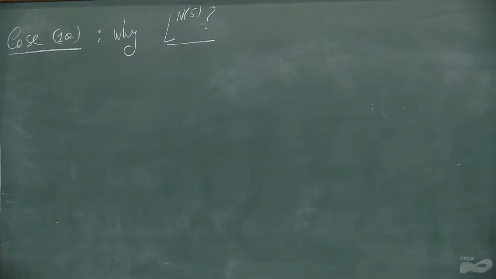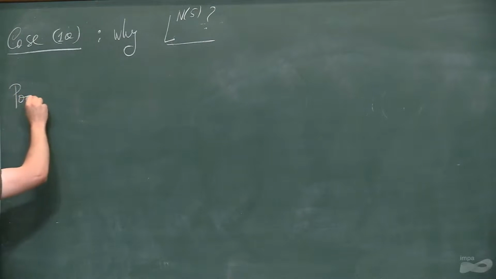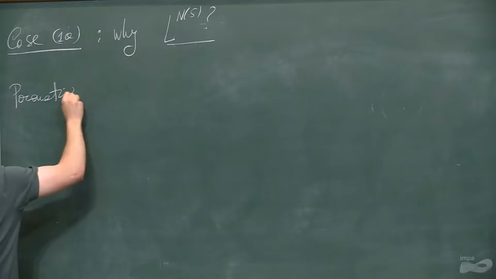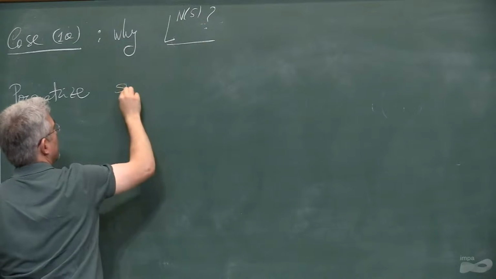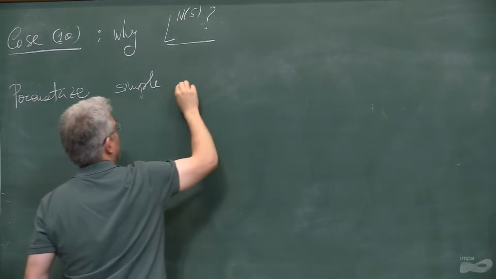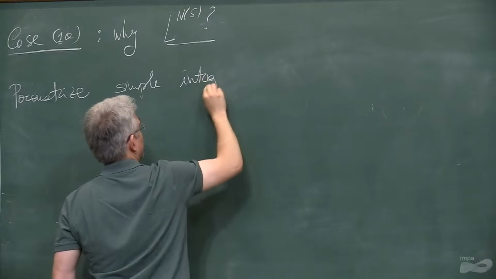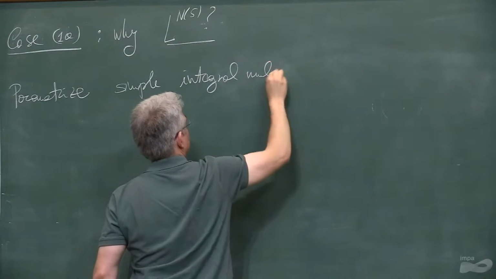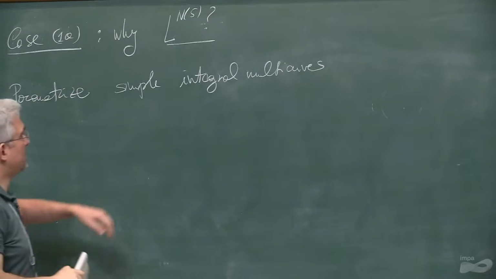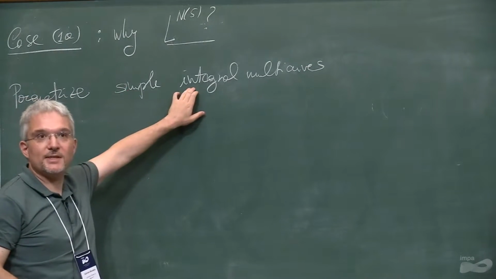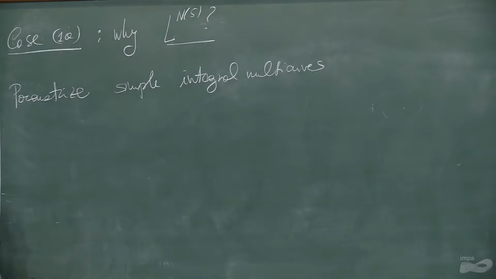So the idea is that you want first to parameterize simple integral multicurves. Integral, simple, we know what it means. Integral means just that the weights are non-negative integers.